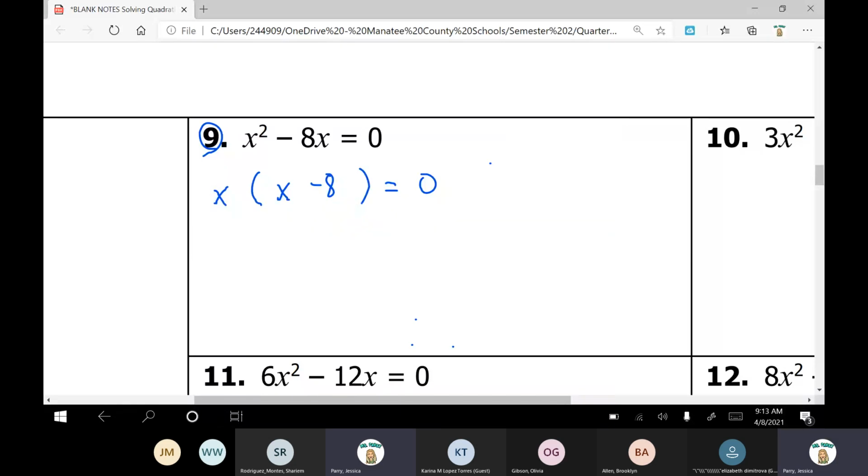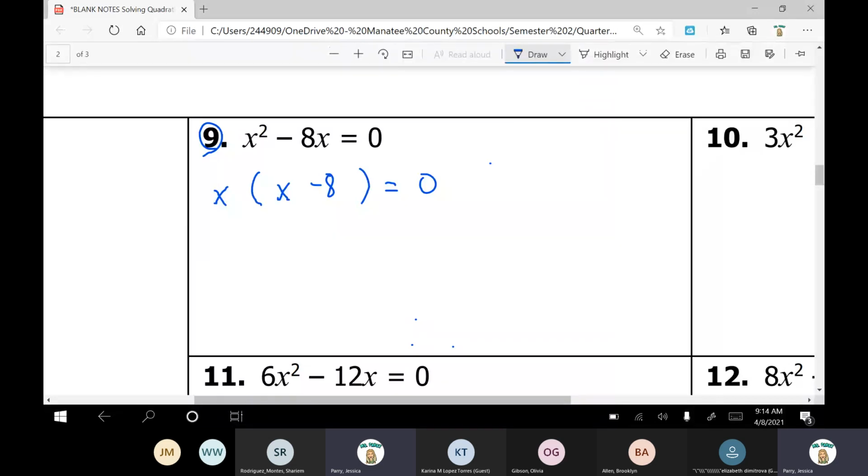When you're factoring, if you can go straight to this, if you just know that you can take out an x and you're left with an x, and take out an x and you're left with a negative 8, that's fine. I don't need to see all those extra steps. I just like to show every single step to show how we're getting there. That was step 2, factor the left side. Step 3, set each factor equal to 0.